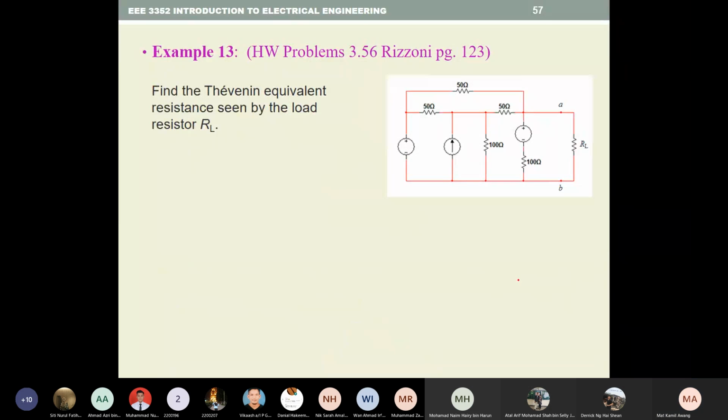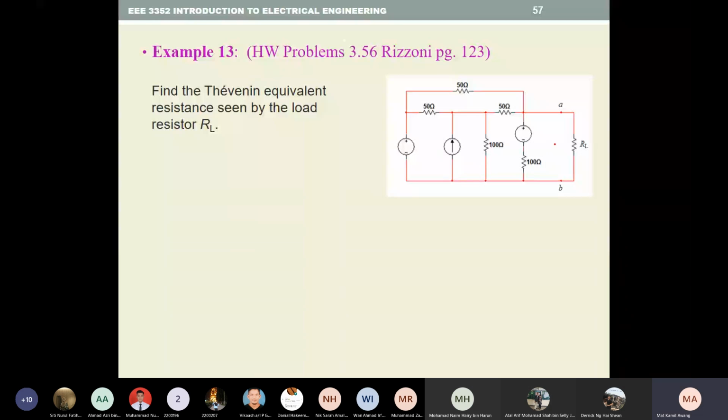Example. Find the Thevenin equivalent resistance seen by the load RL. So this is the load RL. What is the first step? The first step is that you cut off RL. Then you find the Thevenin resistance.